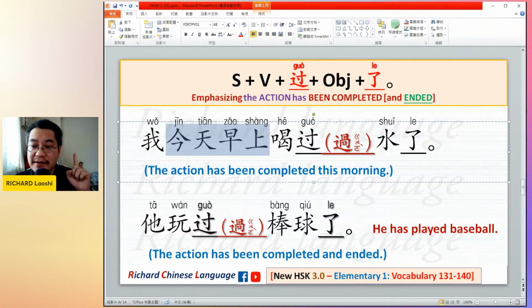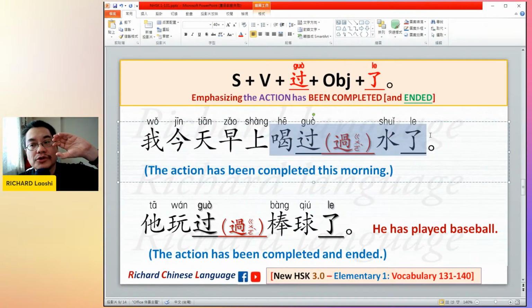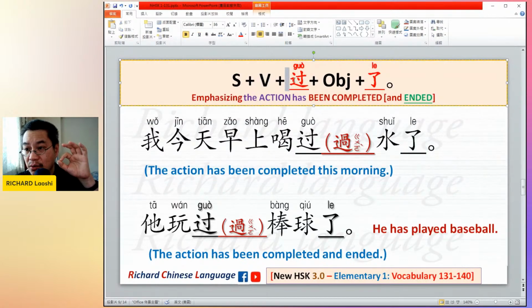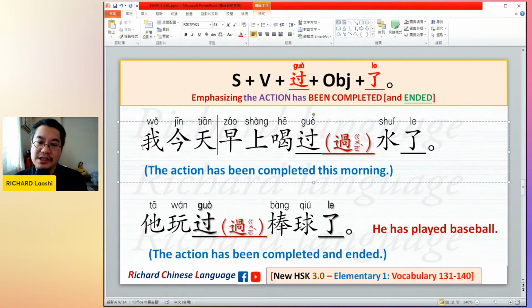Okay, so let's see some example sentences. 我今天早上喝过水了. 我今天早上 means this morning. 喝过水了. Okay, what does it mean? It means this morning, you not only drank water, you also ended this action.